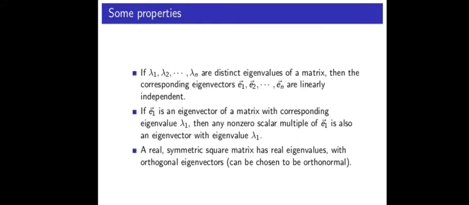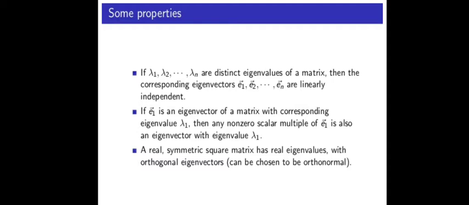Now, some properties: if lambda 1, lambda 2 and so on up to lambda n are the distinct eigenvalues of the matrix, then the corresponding eigenvectors e1, e2 and so on up to en are linearly independent. What do I mean by linearly independent? One eigenvector cannot be obtained from the other eigenvector.